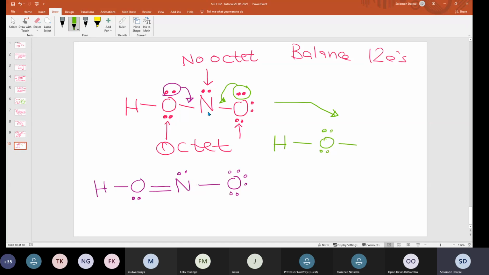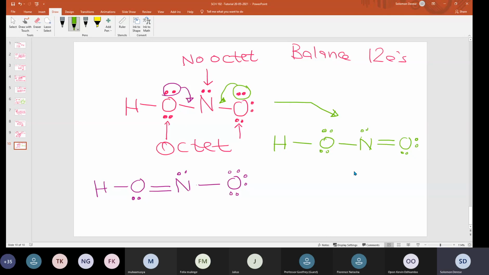We have the nitrogen in the middle, which has got a lone pair of electrons. Then we form a double bond to oxygen. And then since we have used 1 lone pair, we still have 2 more lone pairs of electrons remaining. As you can see, we can do it this way using the green or the purple. So we have 2 structures.